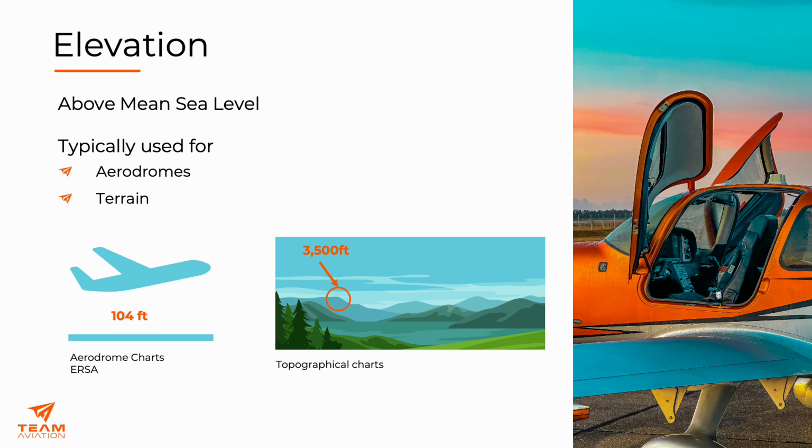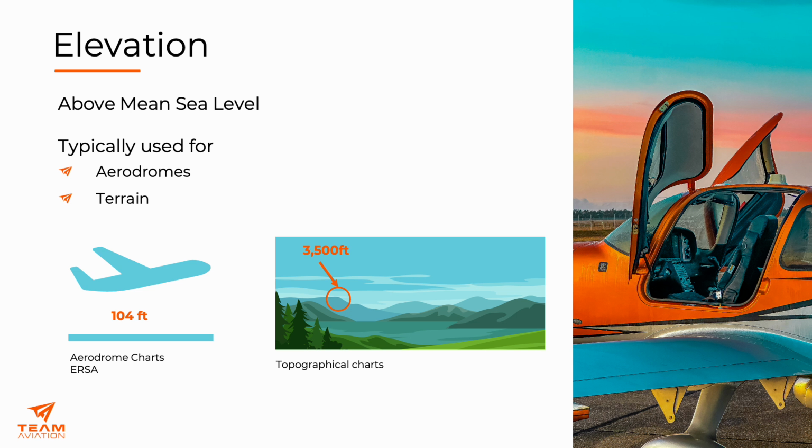Right, for example, if an airport has an elevation of 104 feet, this means its highest point is 104 feet above sea level. Pilots can find this information in aerodrome charts and publications like the En route Supplement Australia. Terrain, mountains, hills, and other landscape features also have elevations measured above mean sea level.